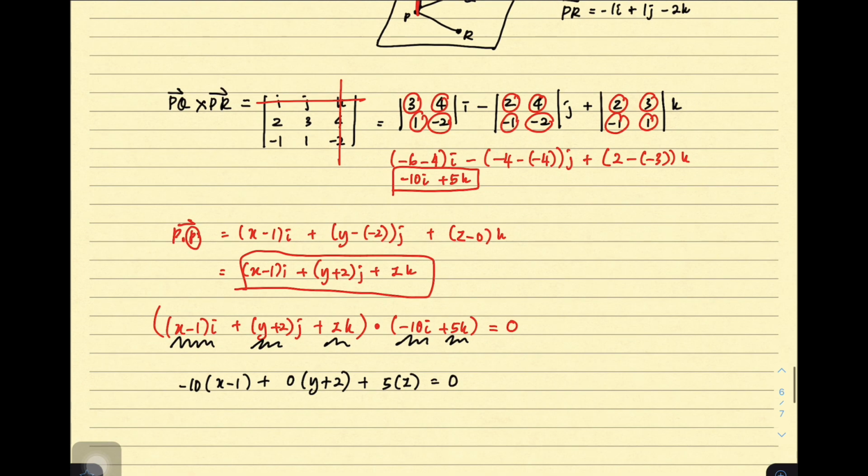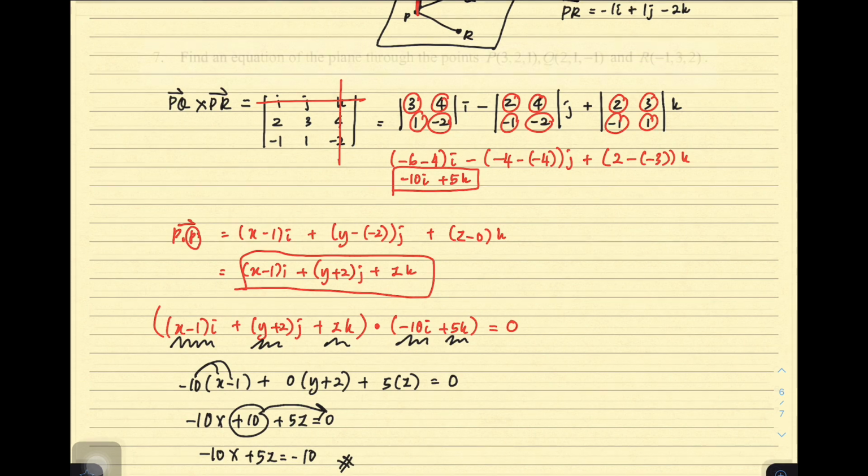Alright, then we expand this equation. So -10 times X, you have -10X, -10 times -1 will be +10. 0 times all things is 0, so you have here 5Z equal to 0. So at the end you will have -10X plus 5Z equal to -10. You bring the +10 to the right. Okay, so this one is the equation of the plane: -10X plus 5Z is equal to -10.